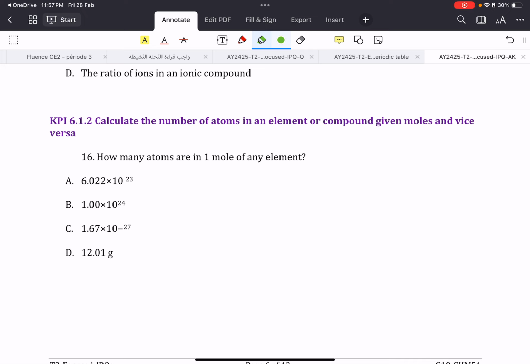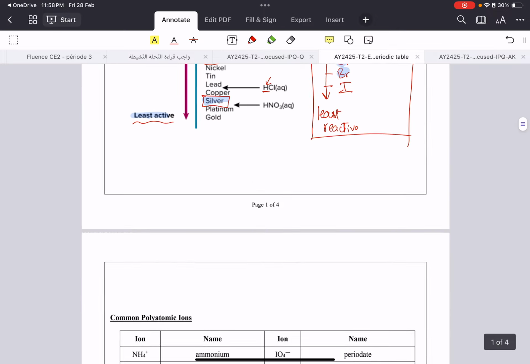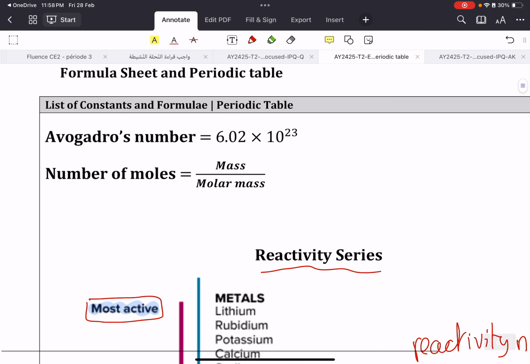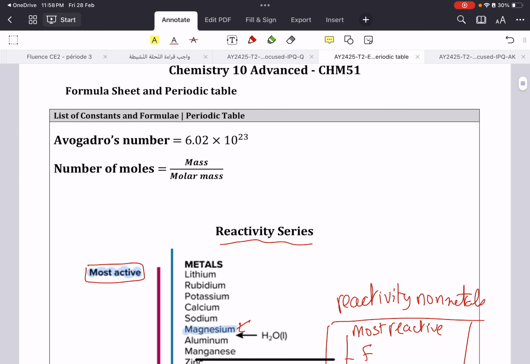Now, calculate the number of atoms in an element or a compound and vice versa. So here you are given these formulas to use. They did not give you the formula. Oh, okay. So we only have how to calculate the mole, which is mass over molar mass.